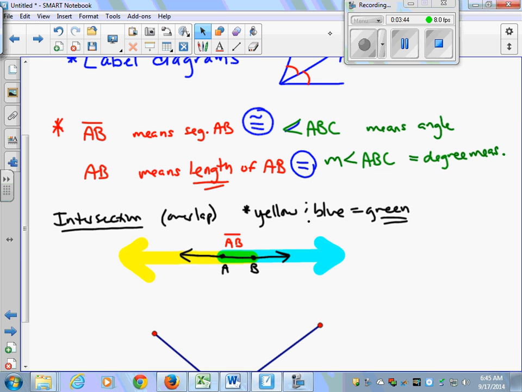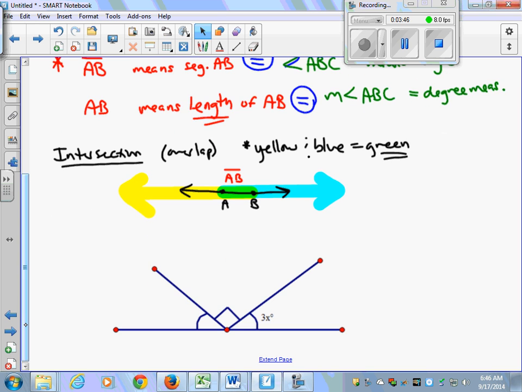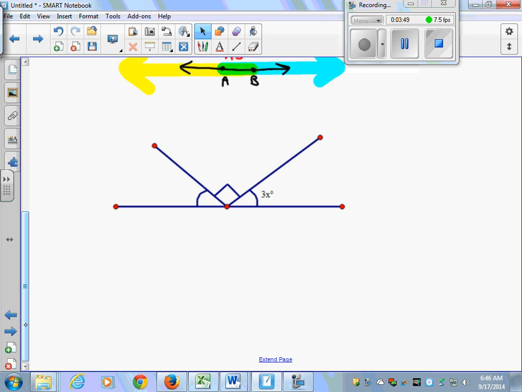if you look at this diagram I have here, this is just a little example similar to the ones that we have done in class. If you have this diagram, notice they've marked this and this angle congruent. They've labeled this 3x, so that means I can label this 3x. You need to know this symbol means 90 degrees.